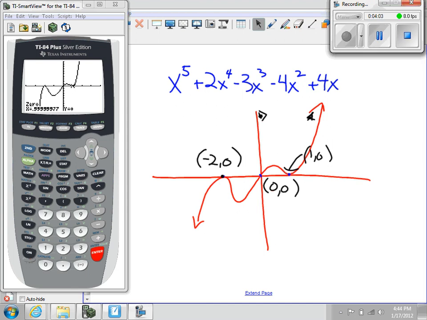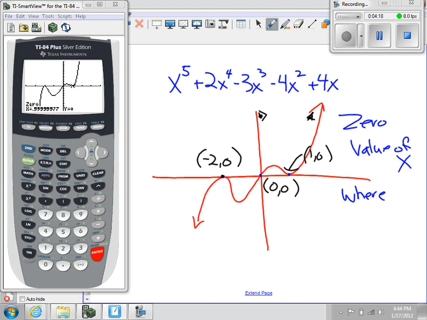Just remember that when I ask for a 0, I want to know the value of x where it makes y equal to 0. That is also my x-intercept.